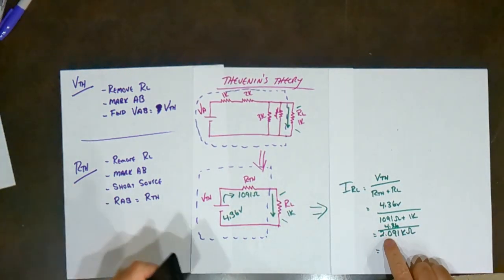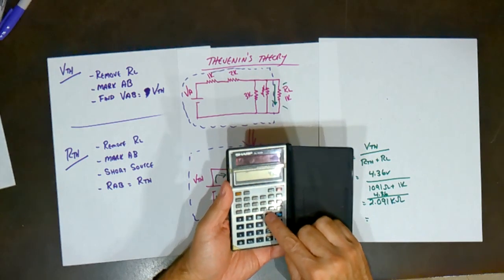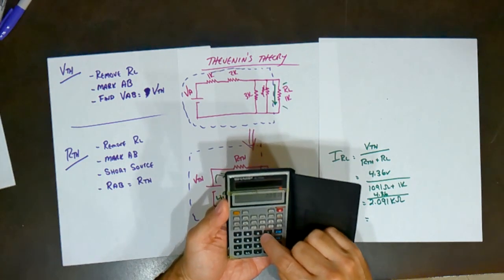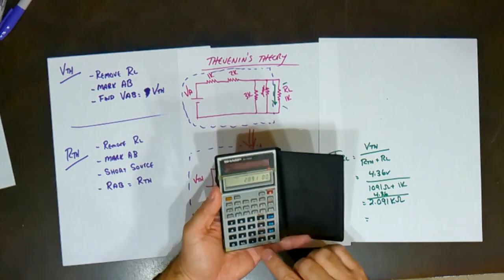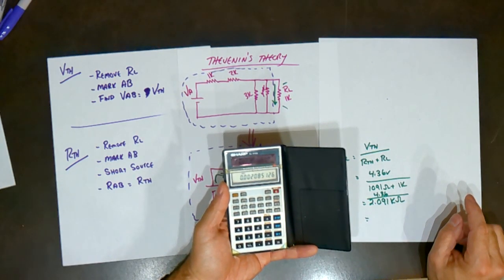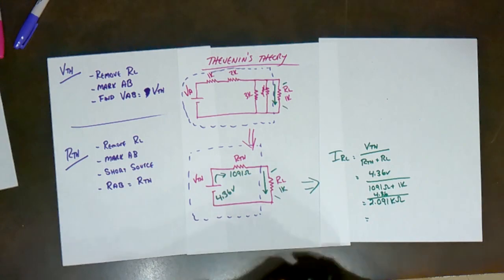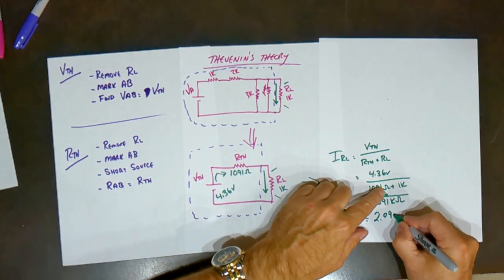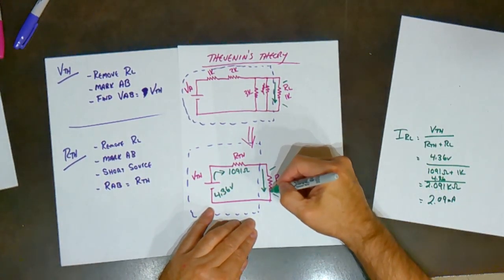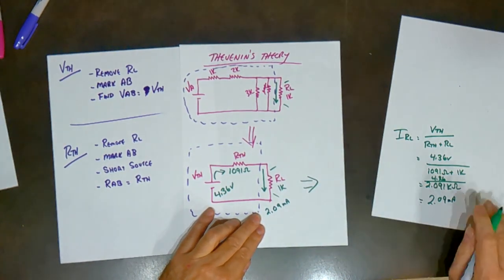So 4.36 volts divided by 2.091 kilo ohms gives me 2.09 milliamps. So according to this circuit, the current going through that resistor is 2.09 milliamps.